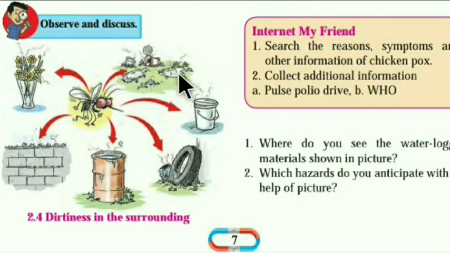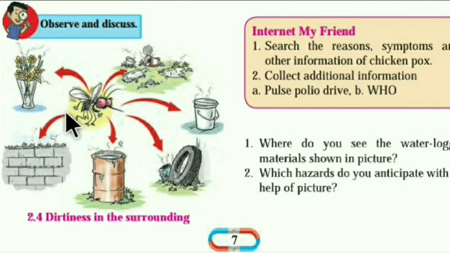In the rainy season we see waterlogged areas. Buckets and drums on our terrace are also filled with water for many days. Tires on the grounds are also filled with water in the rainy days. New construction sites are also waterlogged areas, and the flower pots in our home also have water.